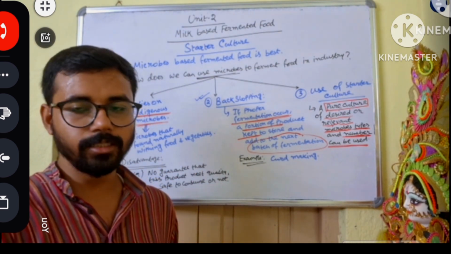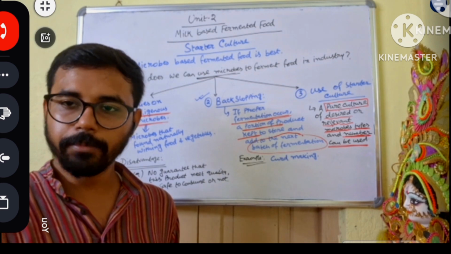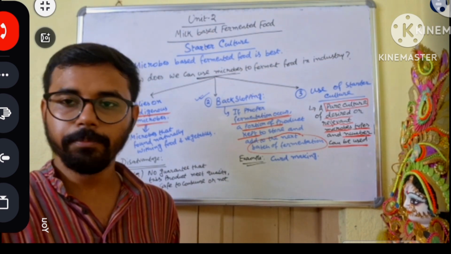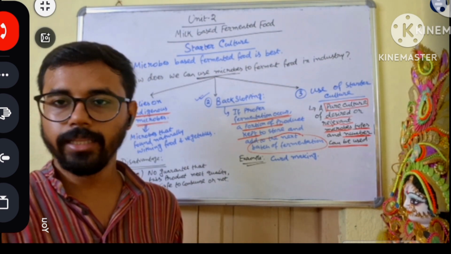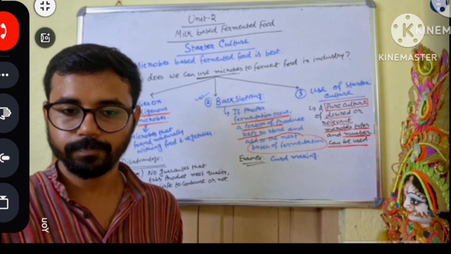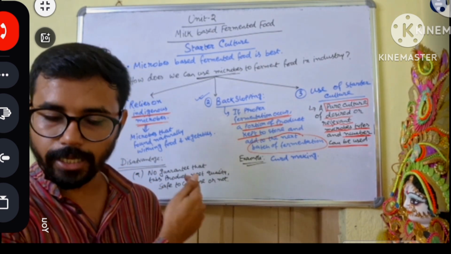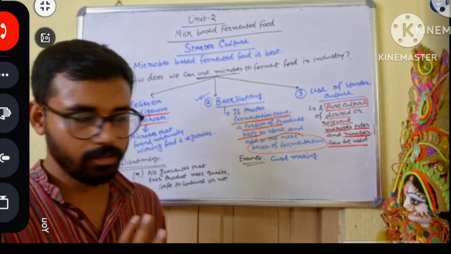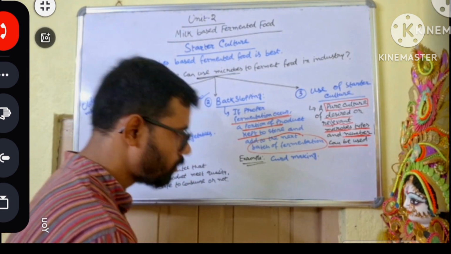And this starter culture is the way to go because it meets the standardized process, it is safe to consume, and a variety of desired changes can be produced, which the previous two methods failed to do. Clear?